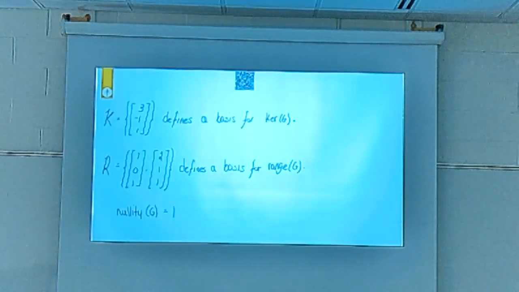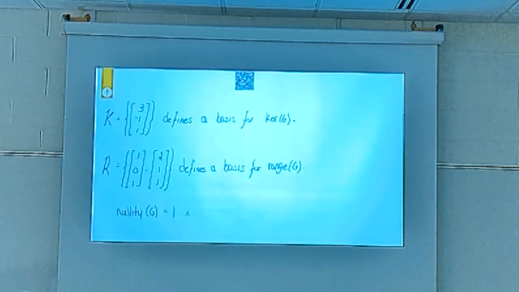Because nullity is the dimension of the kernel. And what's the dimension by definition? In this case it's one, but what's the definition of dimension? Number of vectors in a basis. Well, yes, it is technically the number of free variables, but the number of elements in the basis. So nullity is one.